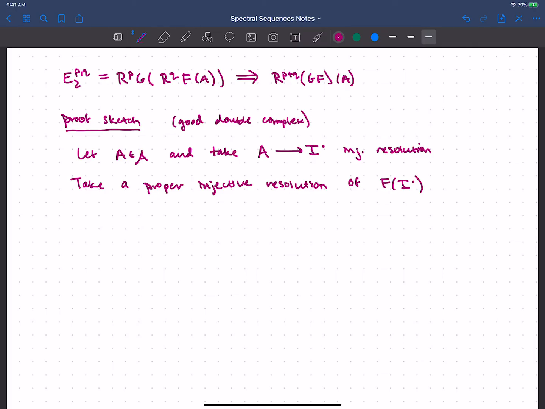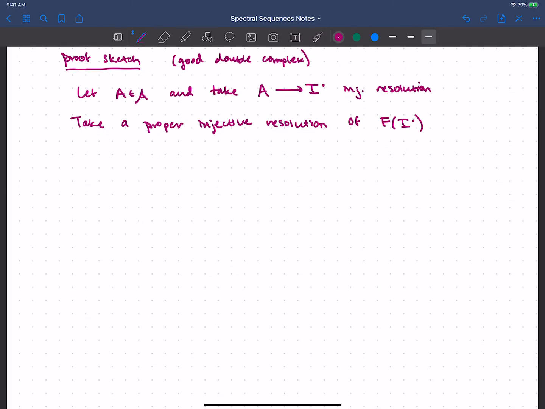So what does this look like? Well, we get this big double complex. So at the bottom, we've got F applied to I0, F applied to I1, F applied to I2, and so on. Okay, and then I want to take an injective resolution of each of those things. So maybe I'll call it J00, there's some J01, and so on.